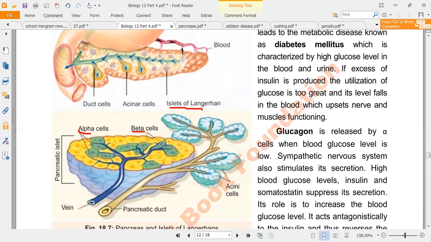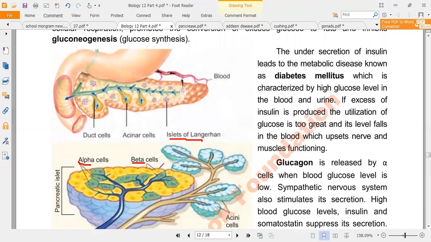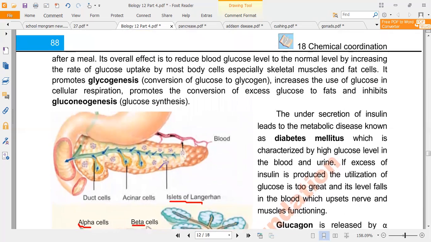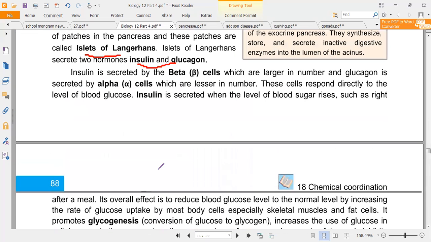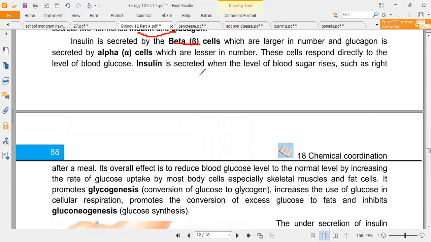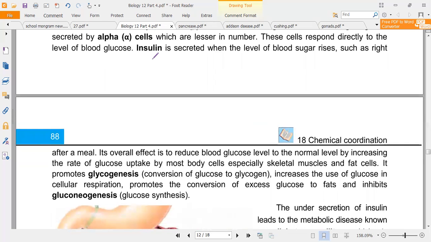Actually, beta cells and alpha cells are responsible for the production of insulin and glucagon. Insulin is secreted by beta cells, and glucagon is secreted by alpha cells, which are fewer in number. So these cells have a great role in controlling the blood sugar level.